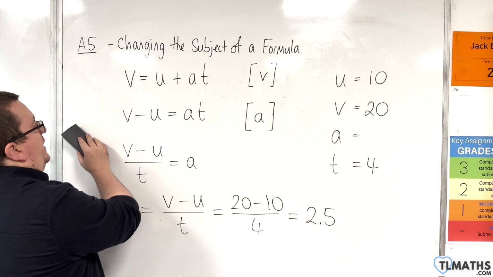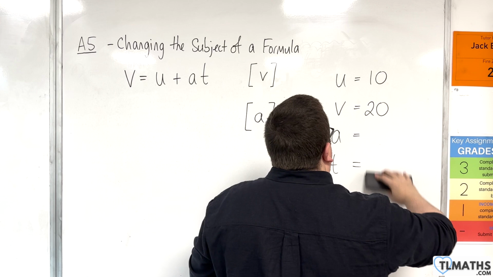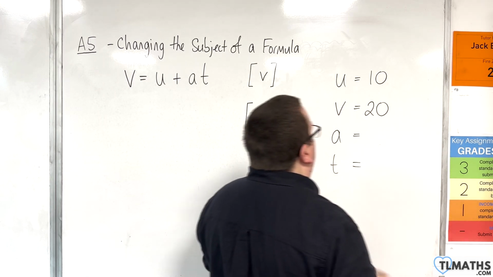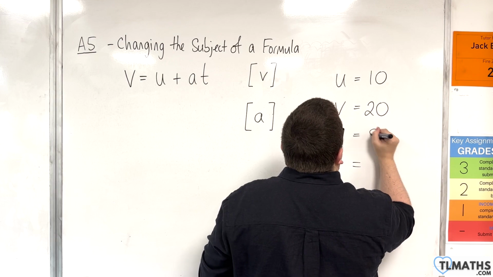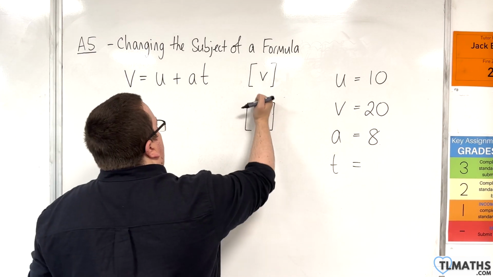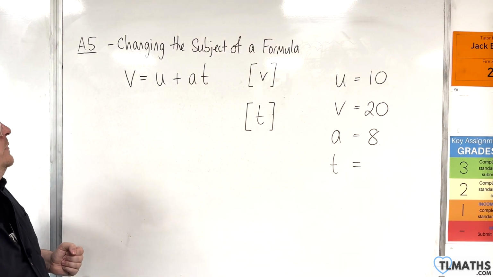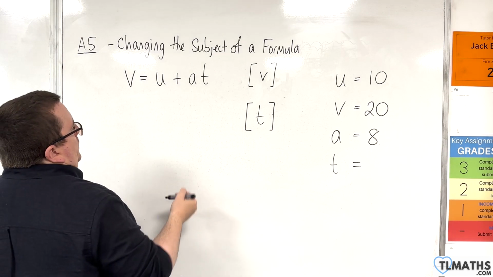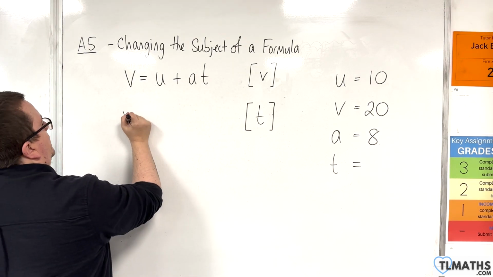Now, alternatively, of course, maybe I knew the acceleration was 8 meters per second squared. And this time, I wanted to make T the subject. So, to isolate T, I would subtract U from both sides first, like I did before.